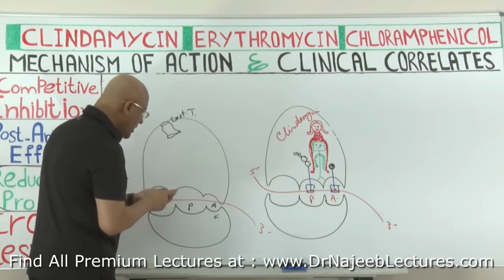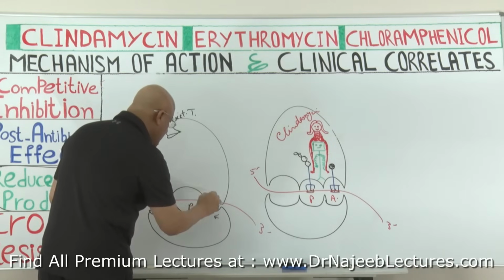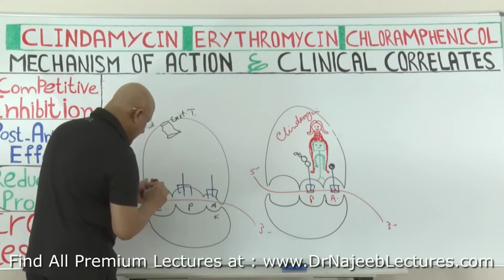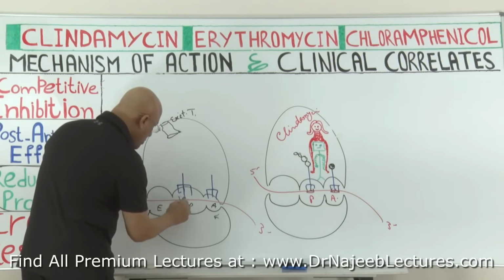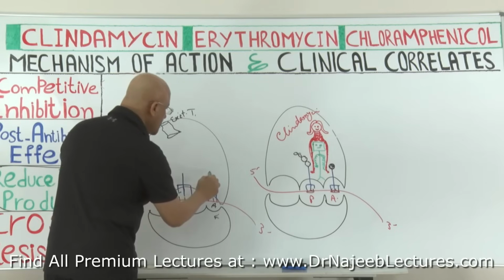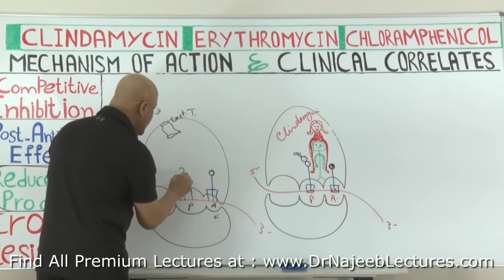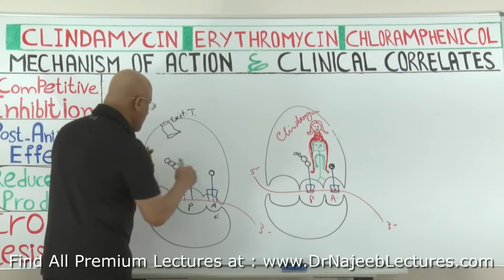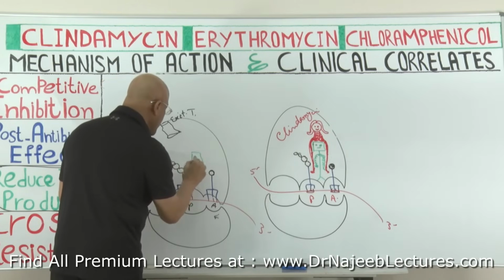And you remember that here was, what was there? Amino acid transfer RNA, and here was peptidyl transfer RNA, codon anticodon interaction, and this is the new incoming amino acid that was previously made chain, and here was your, what was it?